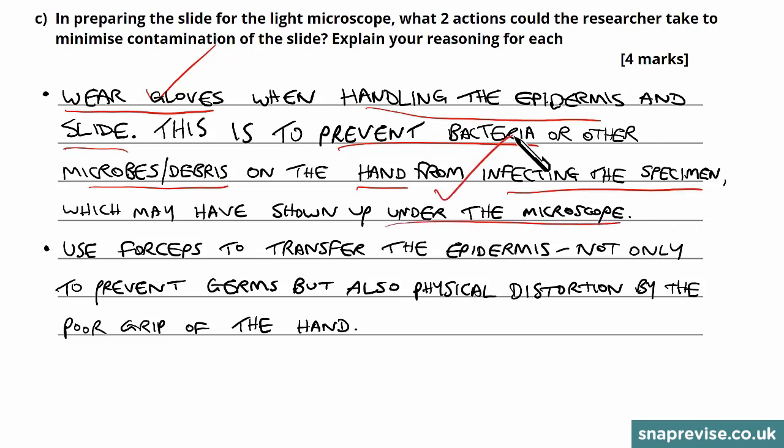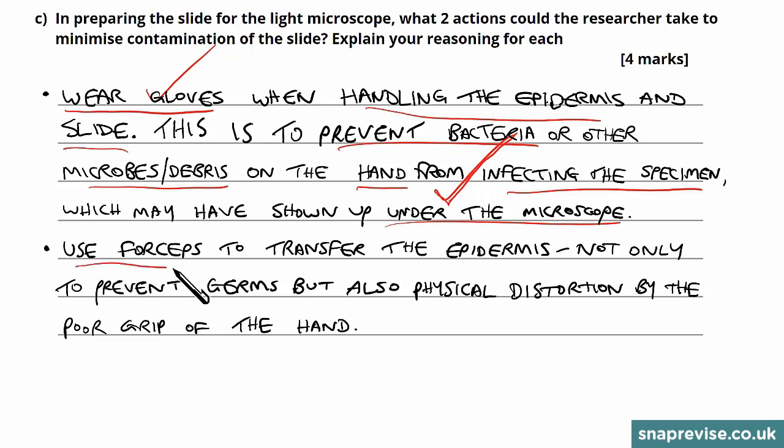You've explained that it can be contaminated from your skin because your hand has a lot of bacteria living on it, good and bad bacteria, and you're deliberately trying to look for a leaf that's been infected by bacteria because of this endemic. You don't want to be looking at a leaf that's been infected from the bacteria from your hand because that will give you a false impression that something's going on. So explaining this is really important for each of your marks here.